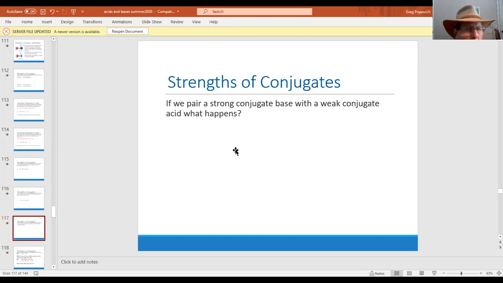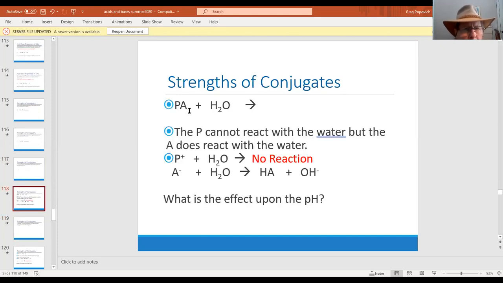If I pair a strong conjugate base with a weak conjugate acid, what happens? In other words, if I have a salt, PA, and put that in water, this dissociates to P+ and A-. My P+ plus water, I get no reaction. But my A- with water generates a weak acid plus OH-. What is the effect on the pH? What am I generating?